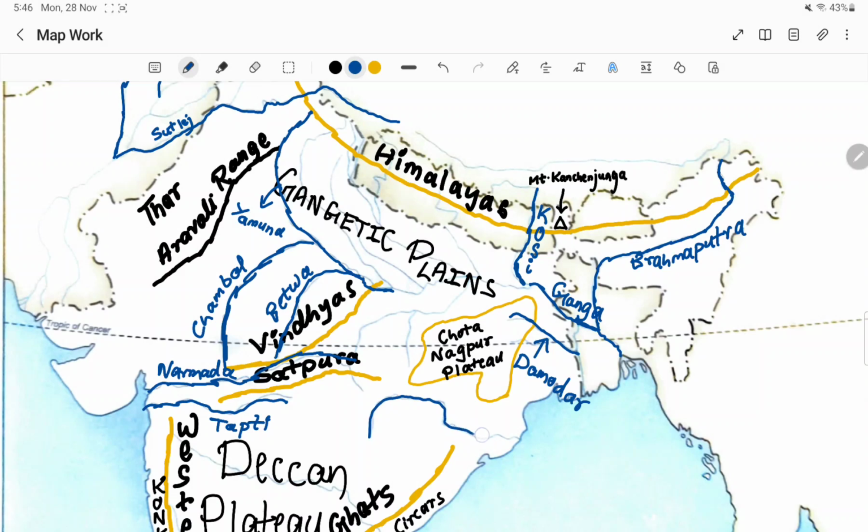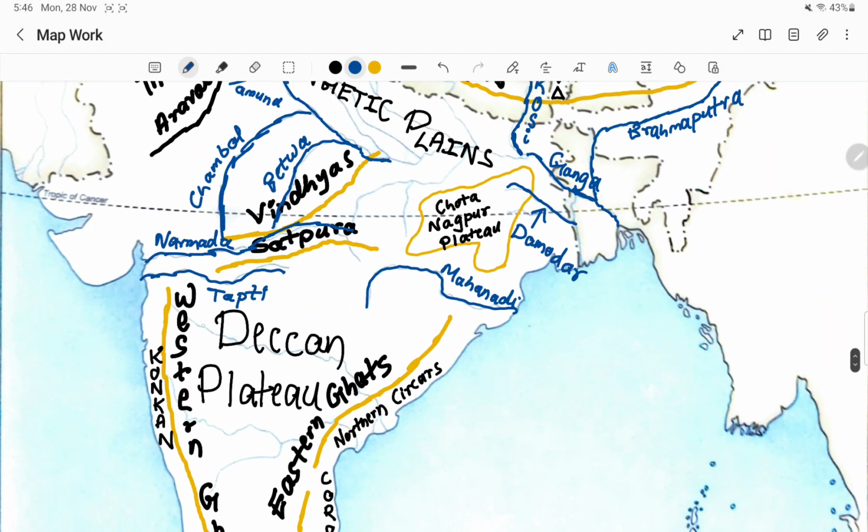So this is the Mahanadi. Next is Godavari. So right below it, there is the Godavari. Next comes the Krishna river. Right below it again. So this is the Krishna river.